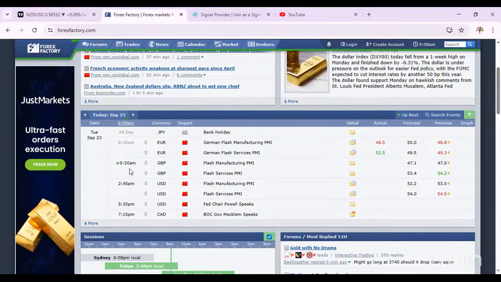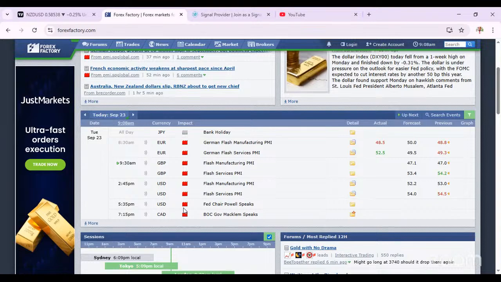By 9:30, we'll be having flash manufacturing PMI on GDP. We have Euro came out negative and positive this morning. Today Japan has a bank holiday. We'll be having US by 2:45 flash manufacturing PMI.